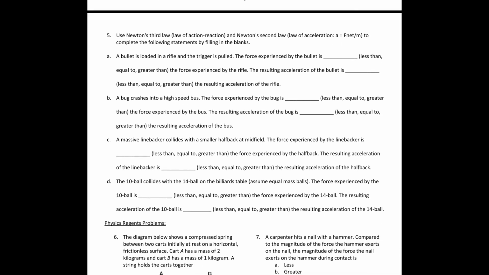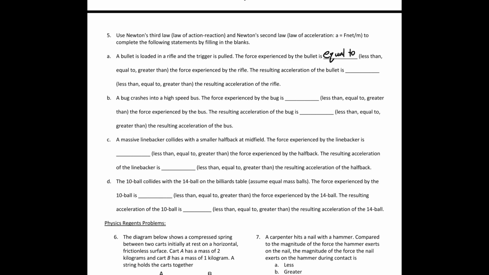Number 5, it says use Newton's third law, law of action-reaction, and Newton's second law, law of acceleration, a equals F net over m, to complete the following statements by filling in the blanks. So for A, it says a bullet is loaded in a rifle and the trigger is pulled. The force experienced by the bullet is blank the force experienced by the rifle. I would say equal to. Equal to.